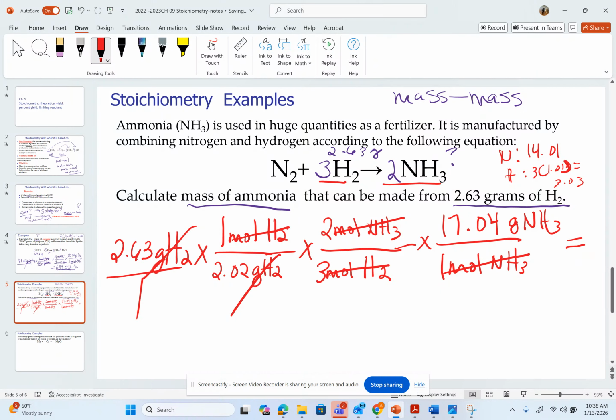I'm going to multiply everything straight across, and then I'm going to divide by everything on the bottom. But when I have more than one thing on the bottom in my calculator, I like to put them in parentheses.